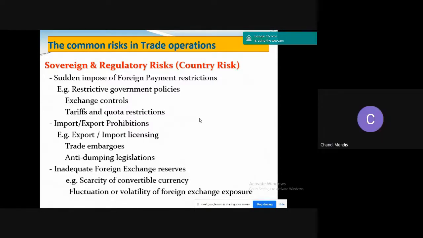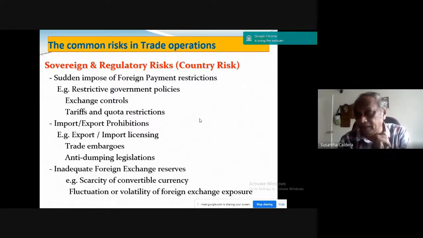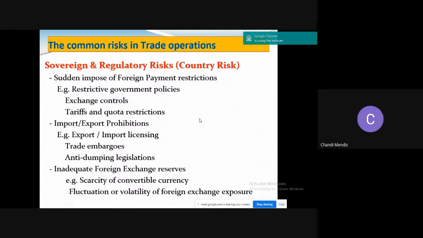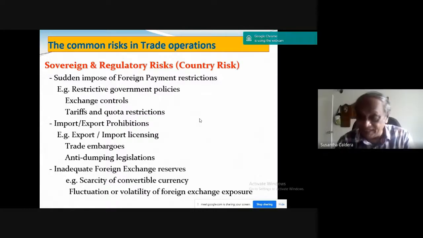Is it dumping the bad goods, unwanted things, garbage? In Sri Lanka, we had that.